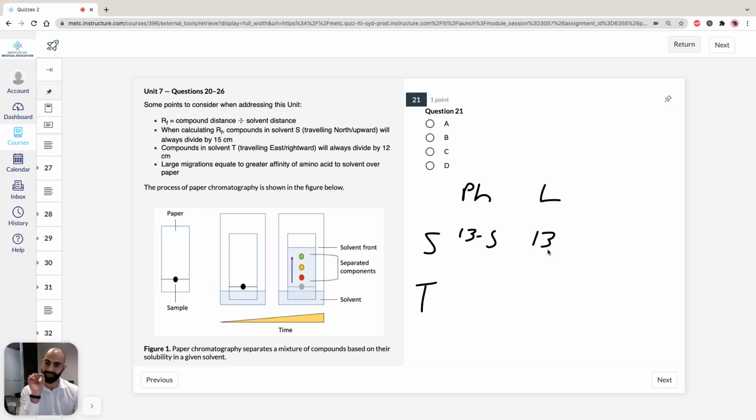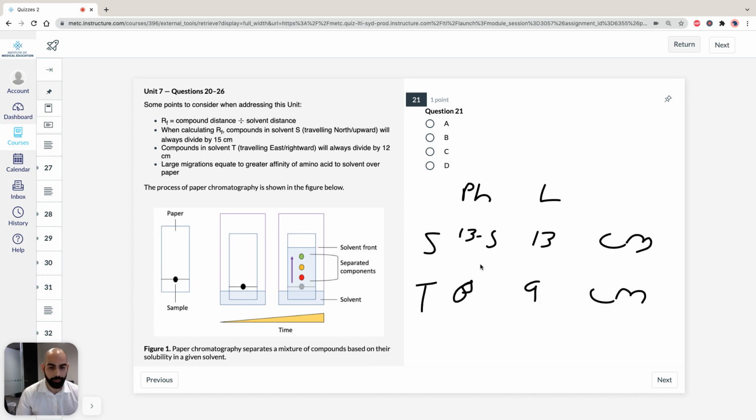Remember, we're measuring it from the center of the blob, so it says that in the stimulus. So in solvent T, remember we're going eastward. Phenylalanine is about, yep, that looks like 8 centimeters. And then our leucine is about 9 centimeters.